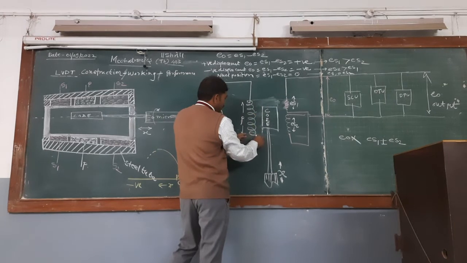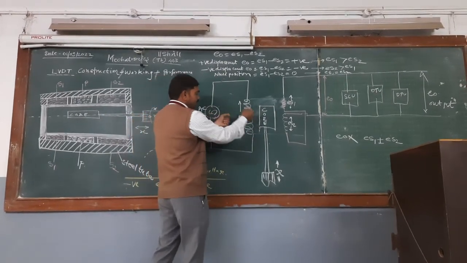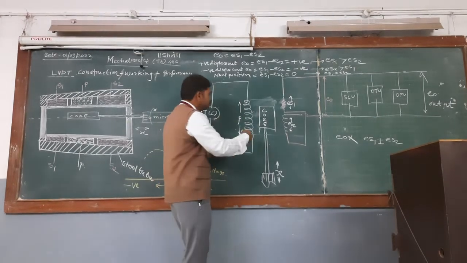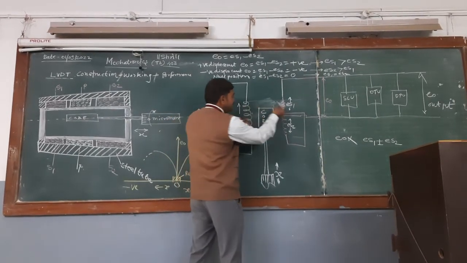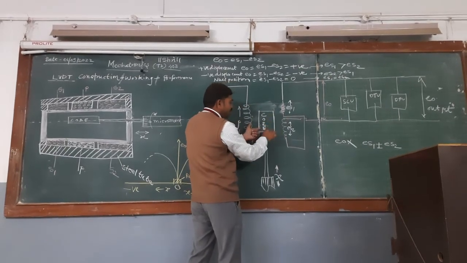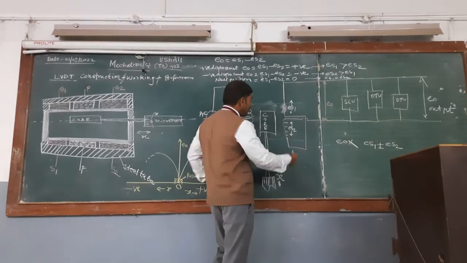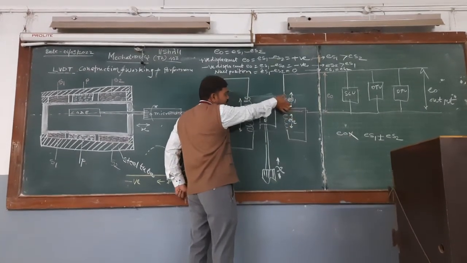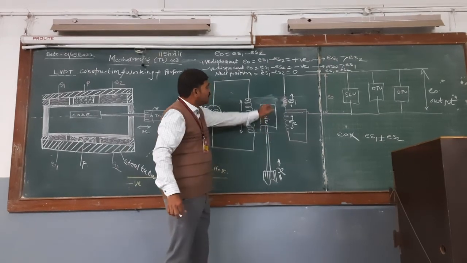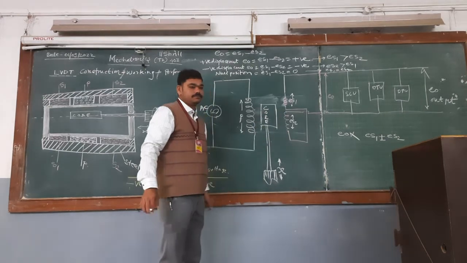AC excitation is applied to it, flux gets induced in it, and this flux gets linked through the soft iron magnetic core to the two secondaries, secondary 1 and secondary 2, generating EMFs ES1 and ES2 respectively.